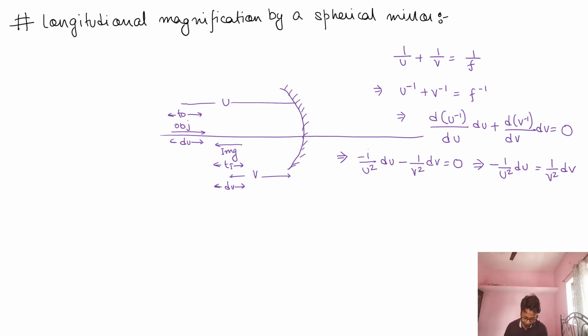Okay, out here can I say dv by du is equal to minus v square by u square, and this is nothing but the longitudinal magnification.